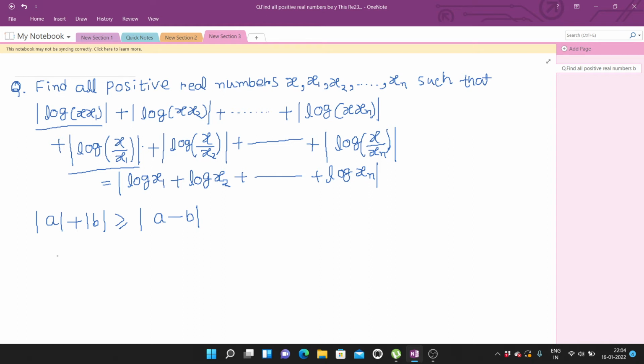If I put these two terms together, that is log of x x1 plus log of x divided by x1. Since mod a plus mod b must be greater than or equal to mod of a minus b, we get the following.